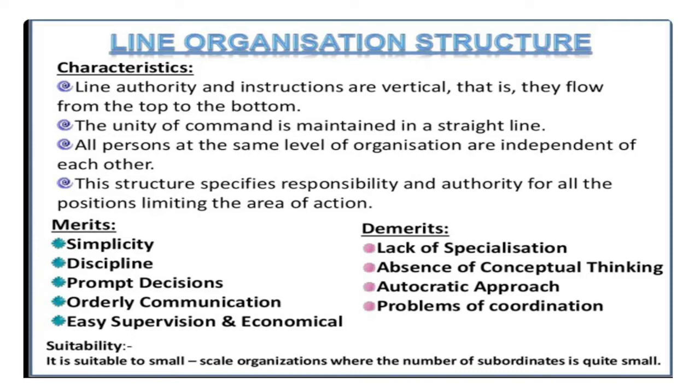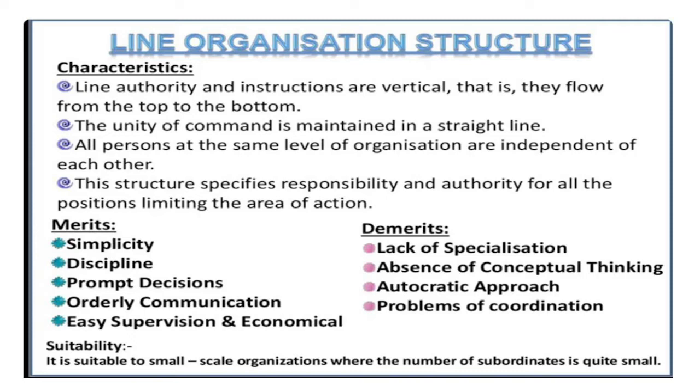So there are certain boundaries, limitations, rules for each role, and responsibility as well as authority were given. That's why there is possibility of discipline and prompt decisions. Everybody is working independently, he can take decisions quickly within his purview.